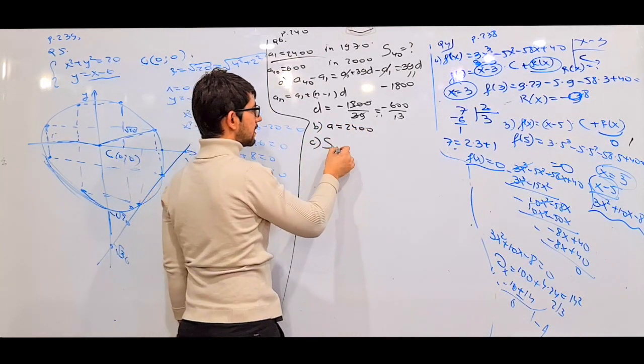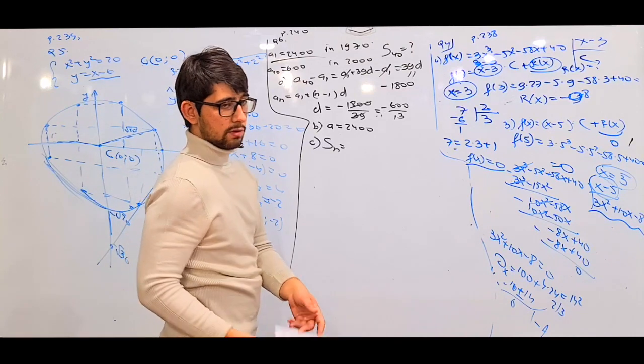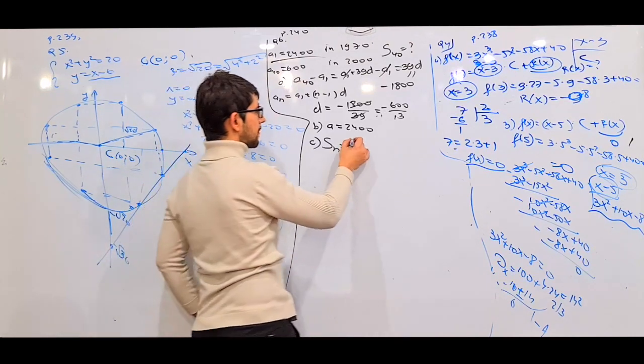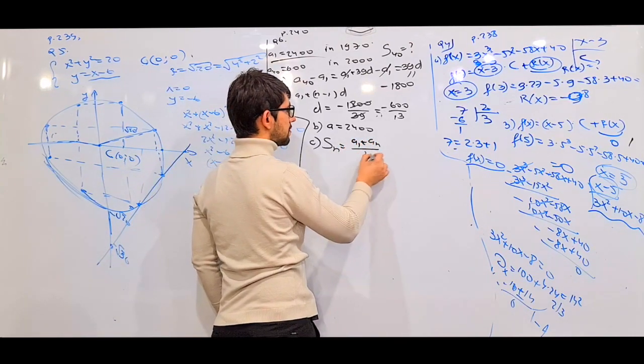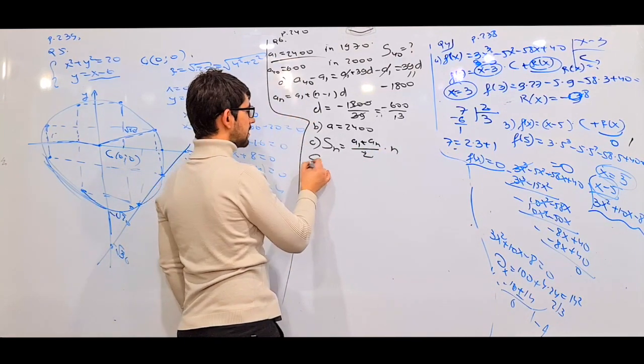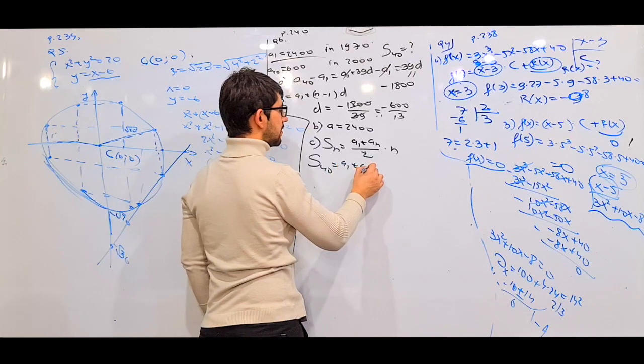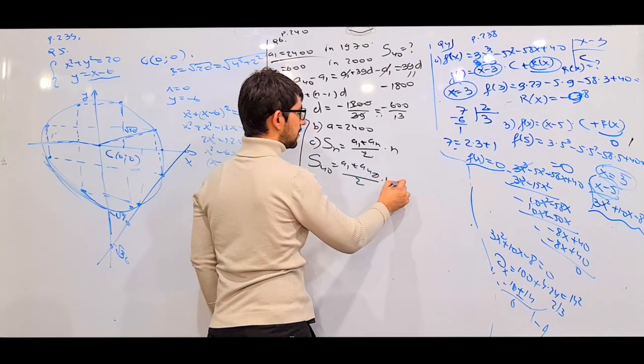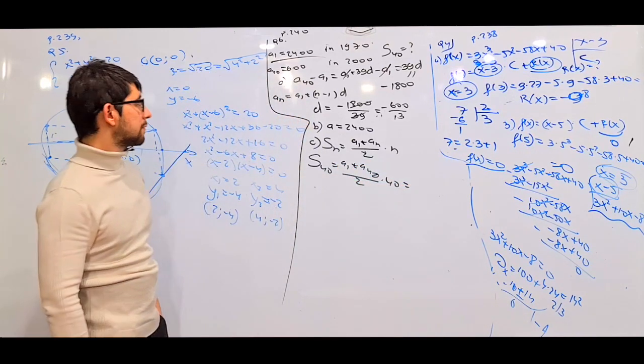C, I will write the Sn formula, guys. You will just compute S40. S40 equals A1 plus A40 over 2 multiplied by 40.